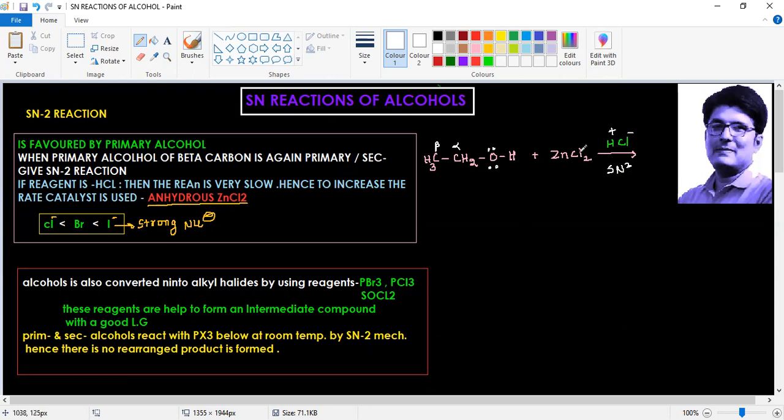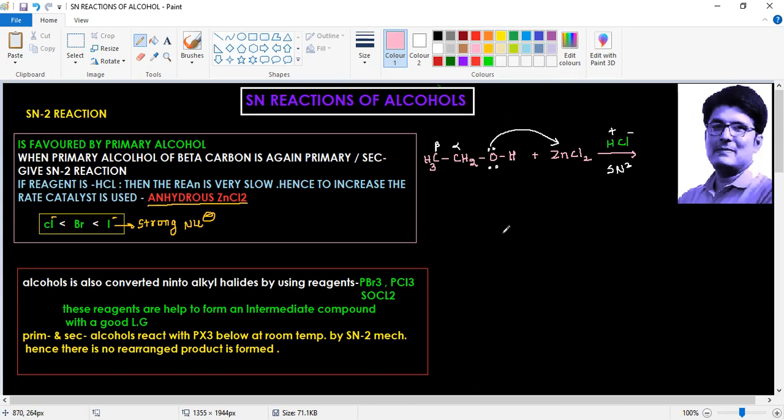Now we use HCl, with Cl minus being a poor nucleophile, so ZnCl2 can be used as the catalyst. The oxygen reacts with the catalyst and the product is formed like this.